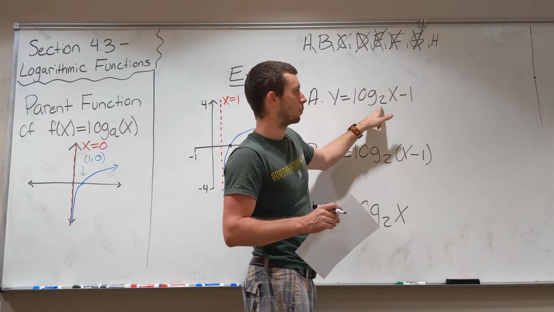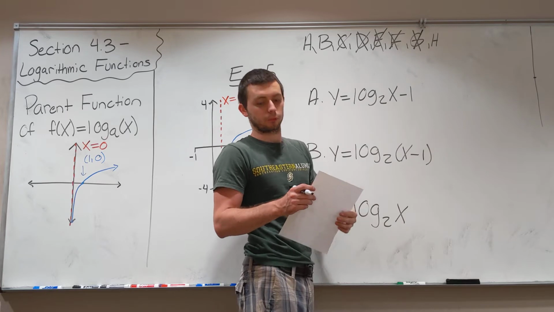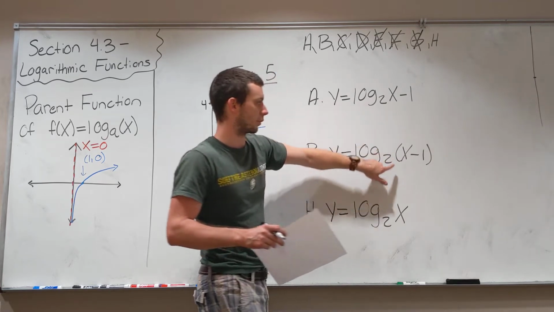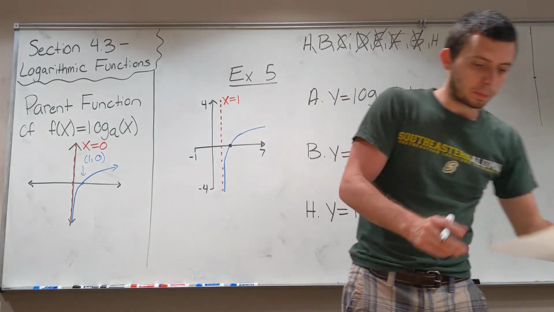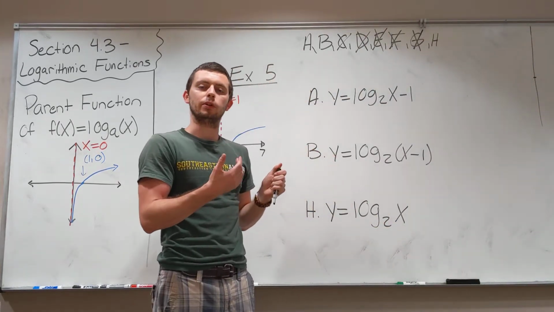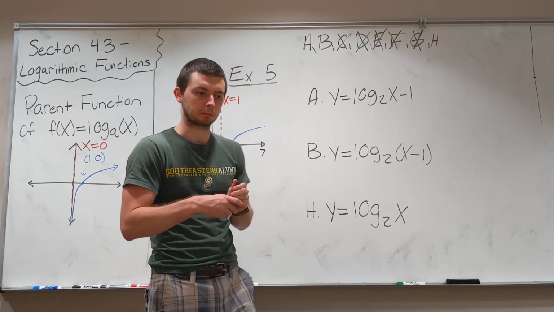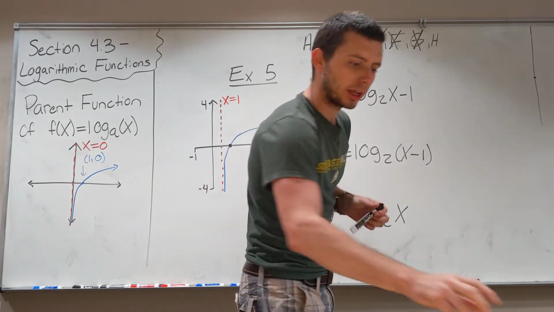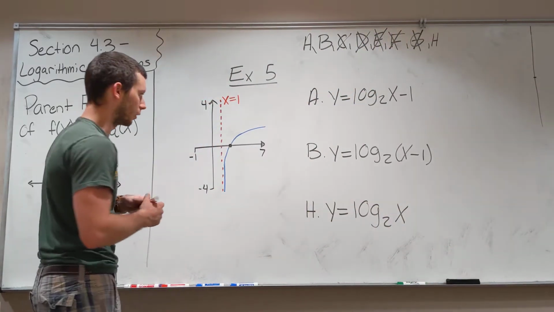It's log base 2 of x, that whole logarithm minus 1. So that's definitely a clear distinction from part B over here. And so from this, we can actually use a process that we used in the previous section by identifying a test point that we can plug into the x values and see if the function agrees with that.